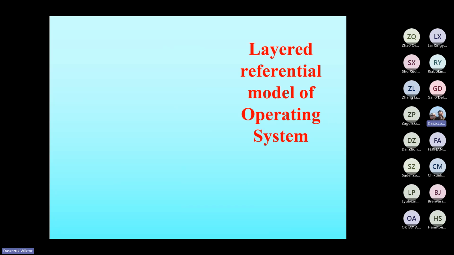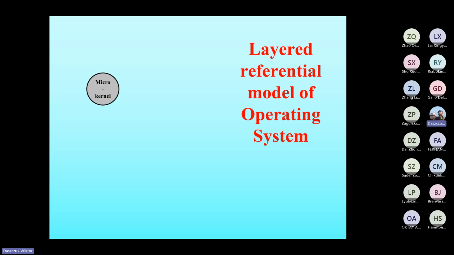We will, of course, return to this scheme many times, but at the end of the first slide set, I will show you the reference model of an operating system, on which I will enumerate the functions of the layers of a typical operating system, because many times we will refer to this layered structure.